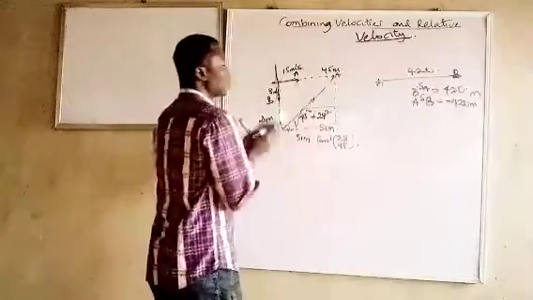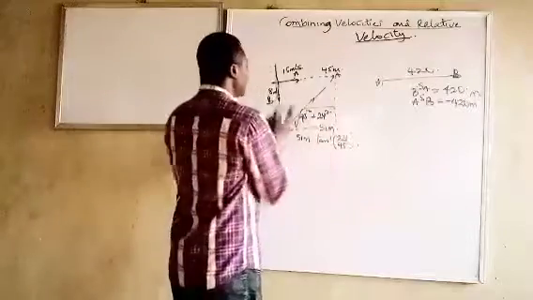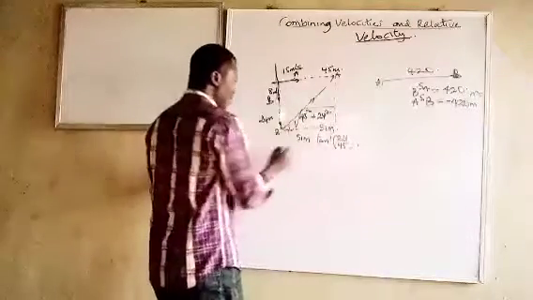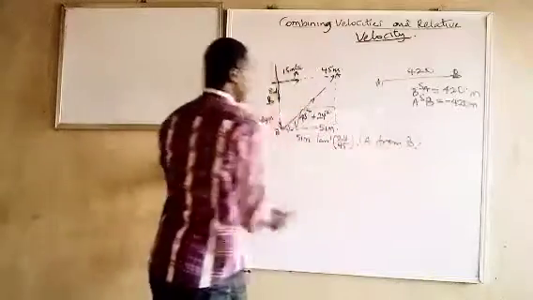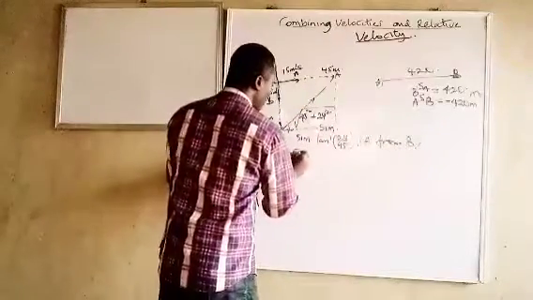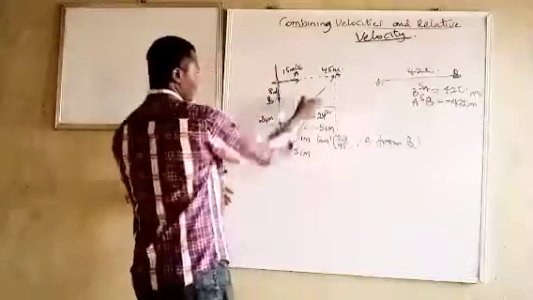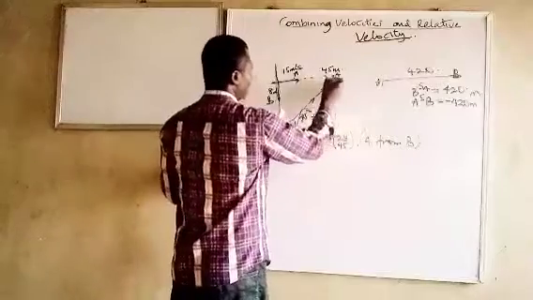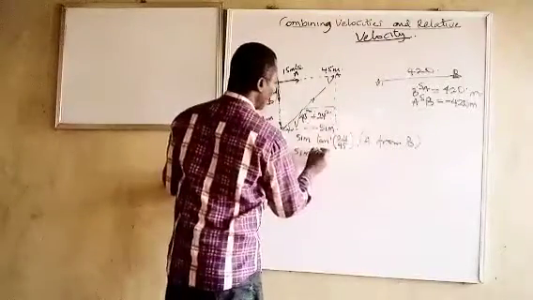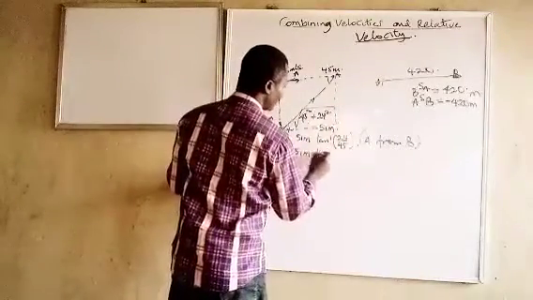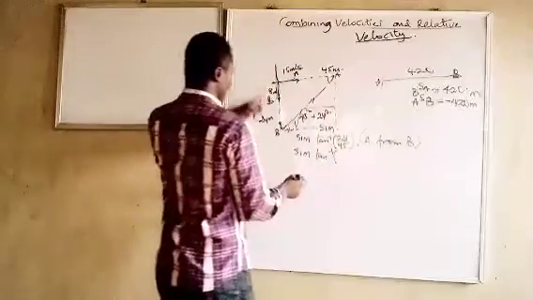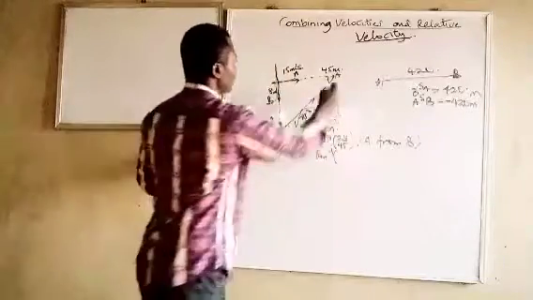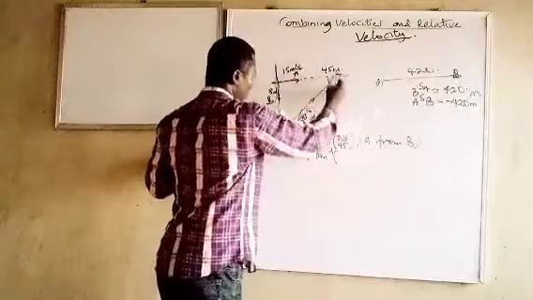But if the question says what is the distance of b from a? Now let's see, for b from a, it is still 51 meters in this direction. So it will be arctan, if you look at it, you will see.